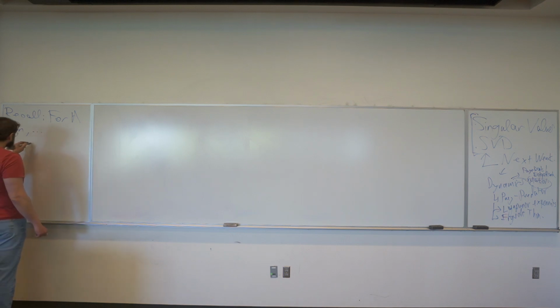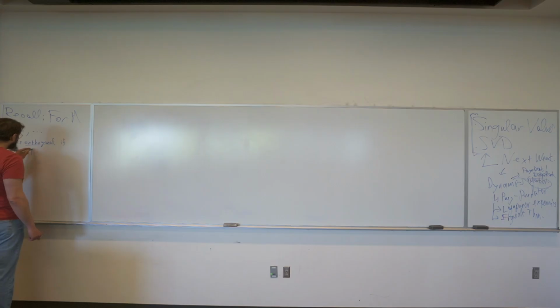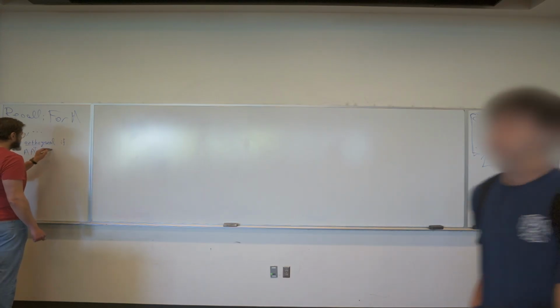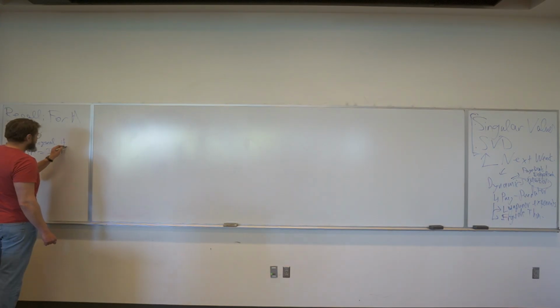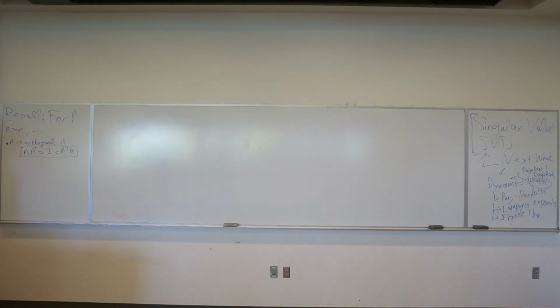A is orthogonal if A A transpose equals the identity matrix and A transpose A equals the identity matrix also. Okay, that's what it means for A to be an orthogonal matrix.